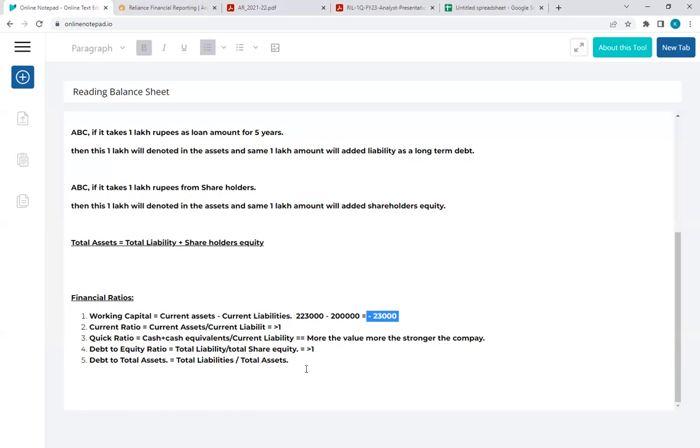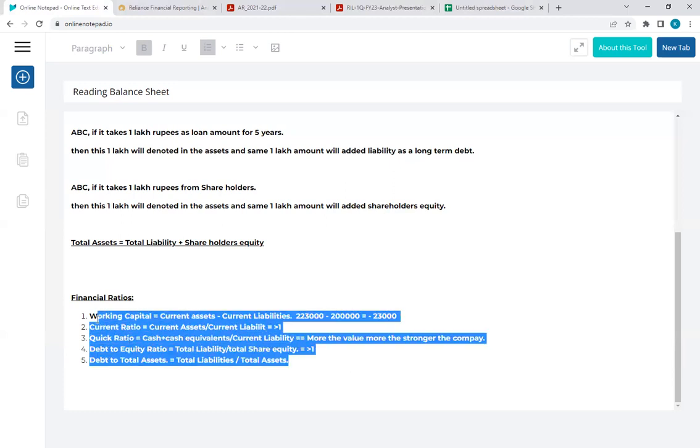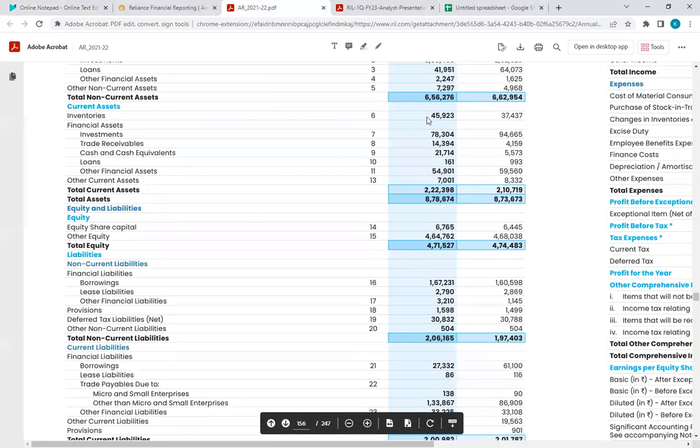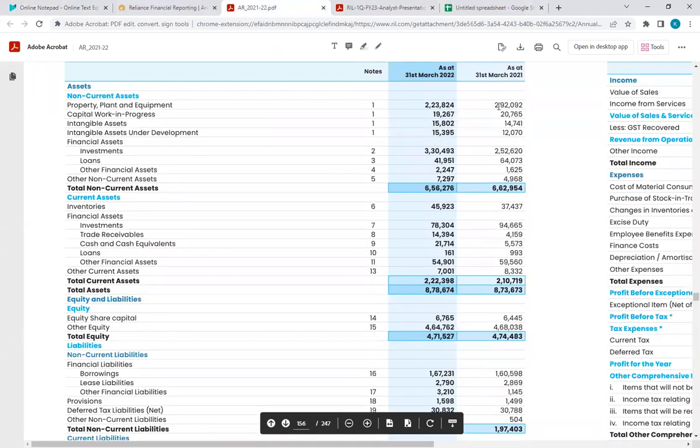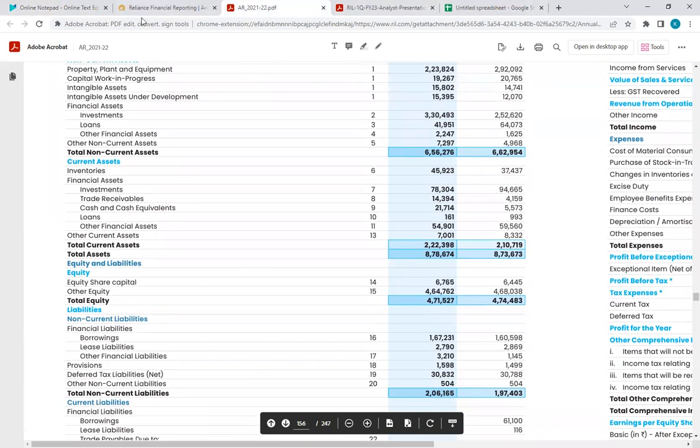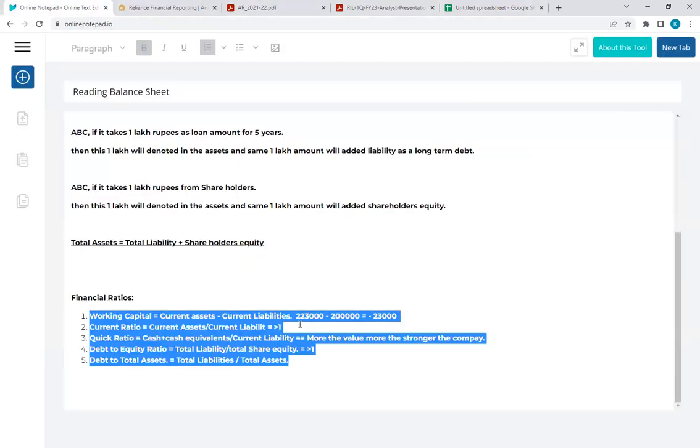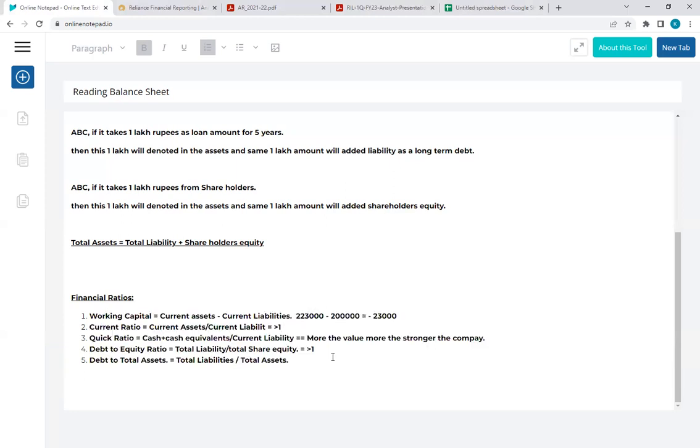But after knowing that, the same kind of calculation should be done on the previous year's values also. The previous year's information is also provided here, and we have to compare both years' values.